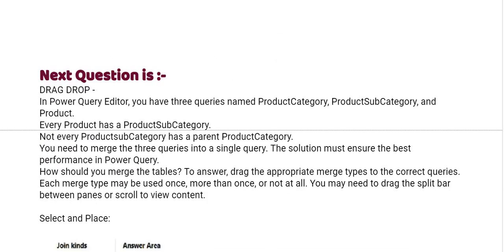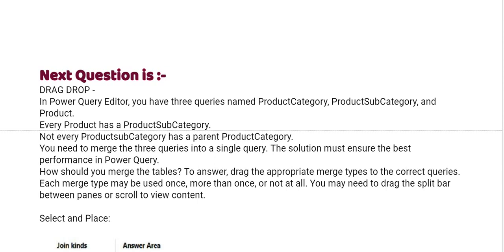Next one. In the Power Query Editor, you have three queries named product category, product subcategory, and product. Every product has a product subcategory. Not every product subcategory has a parent product category. You need to merge the three queries into a single query.